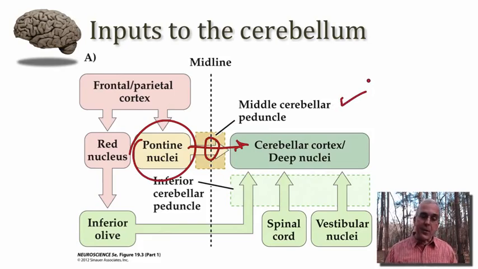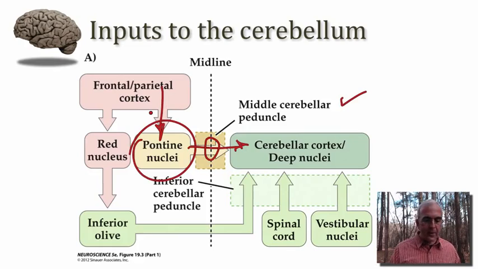Now notice that these pontine nuclei are in turn supplied by inputs that are derived from the cerebral cortex. So the cerebral cortex has the means by which it can send signals into the cerebellum, but only indirectly through a relay in the pons. And as we discussed in the opening to the first part of this tutorial, one important function of the cerebellum is to integrate executive commands about how we intend to move our body.